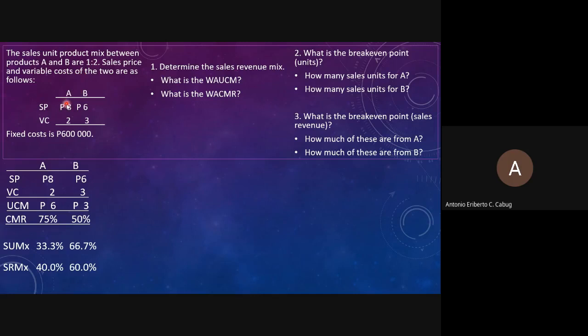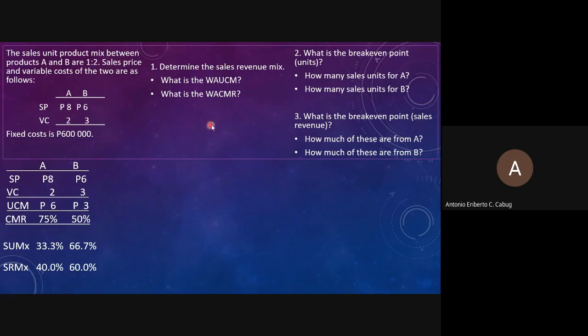1 times 8 is 8. Dalawang boy, 2 times 6 is 12. 8 plus 12 is 20. 8 over 20, 40%. 12 over 20, 60%.